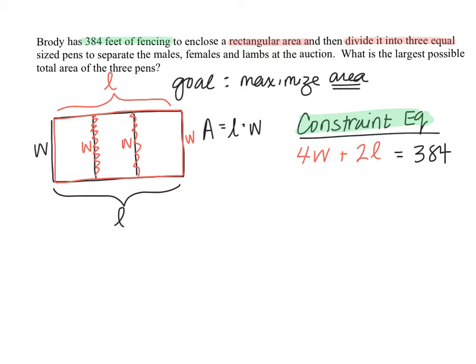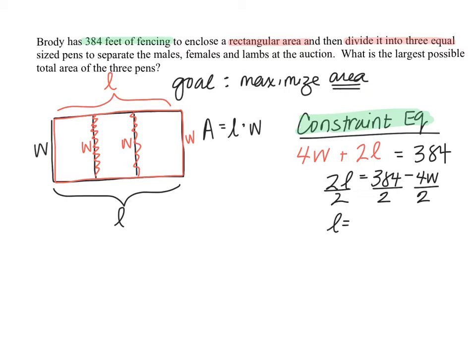It's a second equation that relates the variables. And then you can choose here whether you want to solve for W or solve for L. It does not matter which one. I always recommend that you just solve for the one that might be easiest. In this case, I'll solve for L. So we'll have 2L is equal to 384 minus 4W, and then divide by 2.